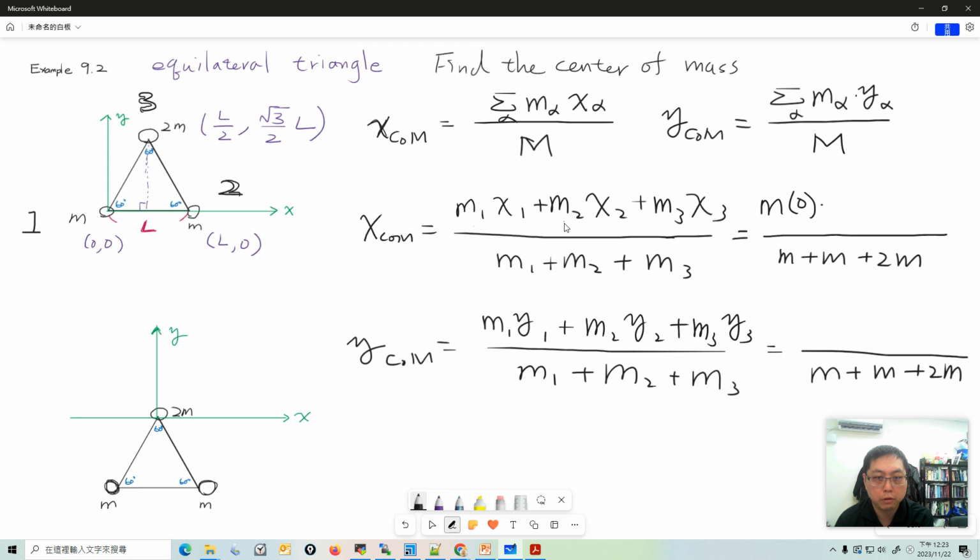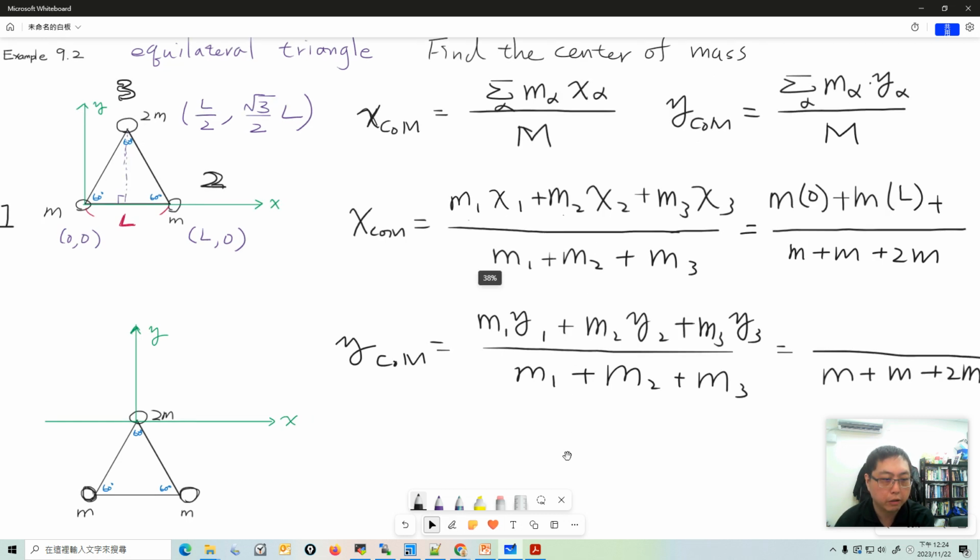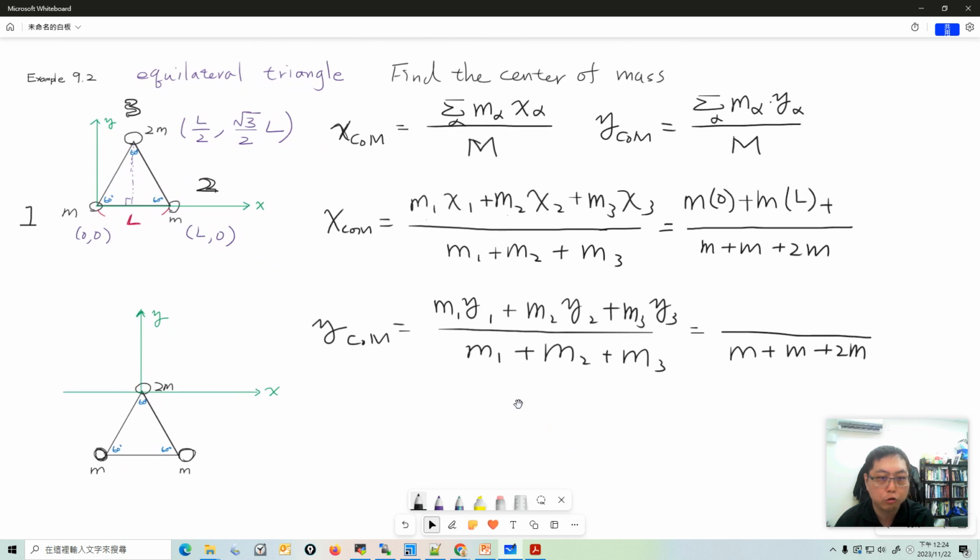The x coordinate of the second particle is capital L, with mass m. The third particle's mass is 2m, and its x coordinate in this coordinate system is L over 2.